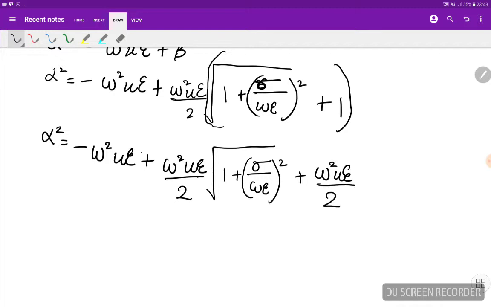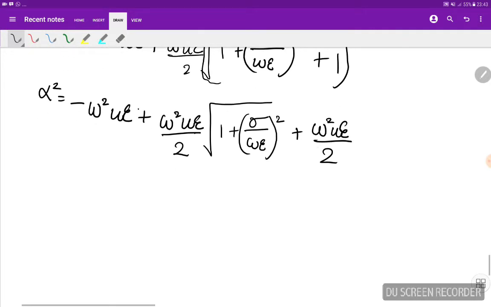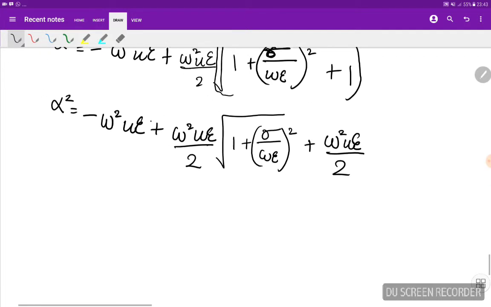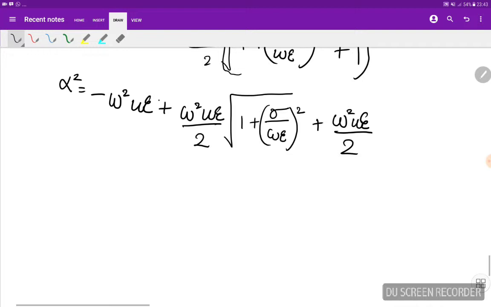Now I just opened the bracket. Now you'd see that 1 minus 1 plus half will give us minus half, right? So minus 1 plus 0.5 should give us minus 0.5, and that's equal to minus 1 over 2.